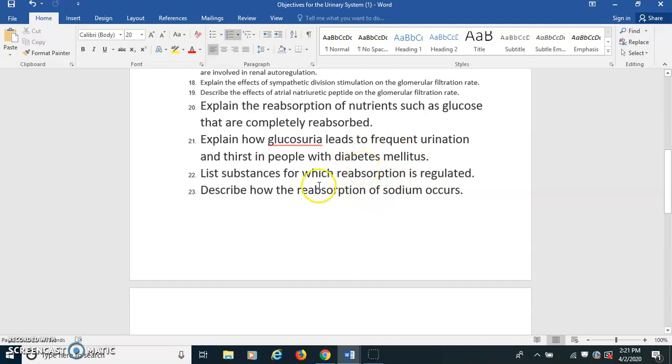These people also have frequent urination and thirst, and that deals with what glucose is doing with the water that is following it, and that's what results in the frequent urination and thirst.